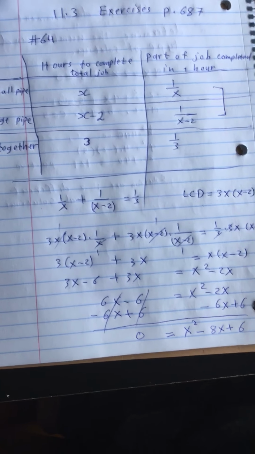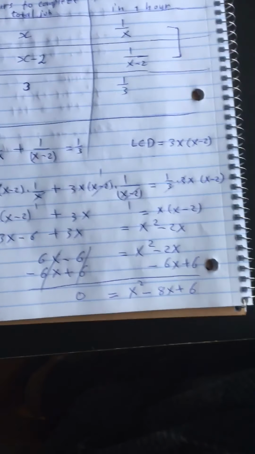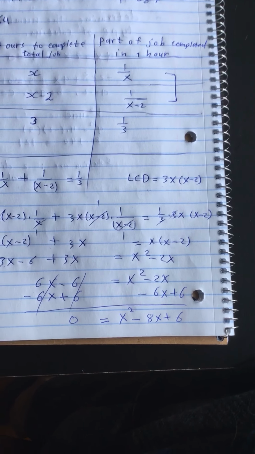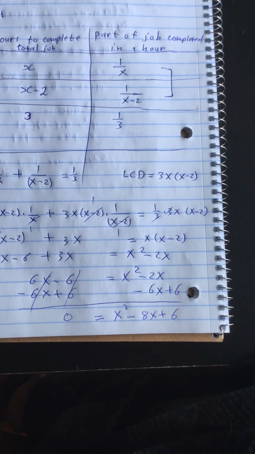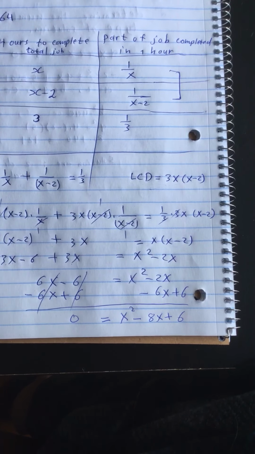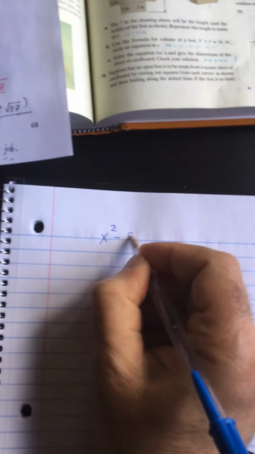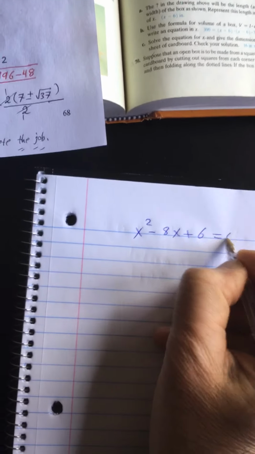So now solve this equation by any method. You cannot solve this equation by trial and error, but you can solve it by completing the square or by the quadratic formula. Let us solve it by the quadratic formula. We have x squared minus 8x plus 6 equals 0.